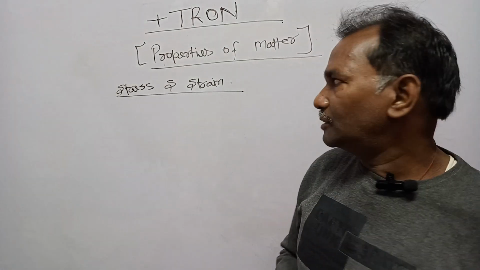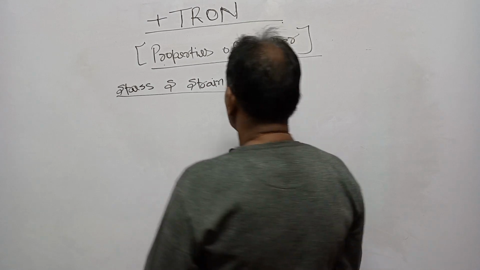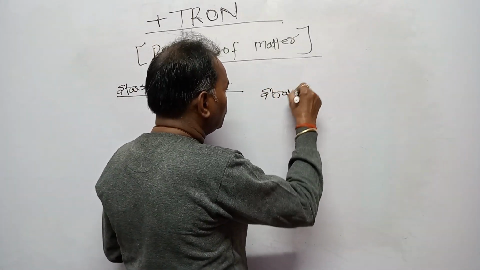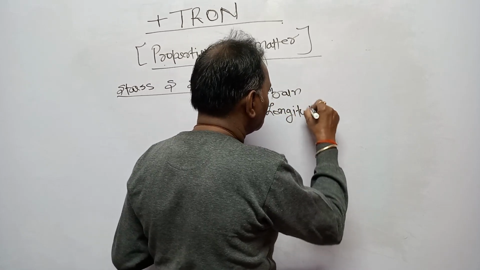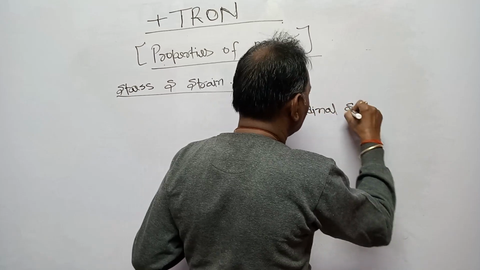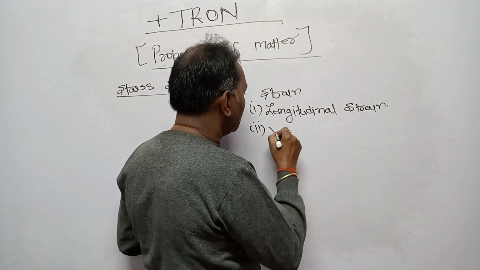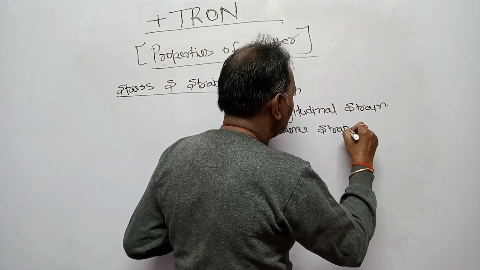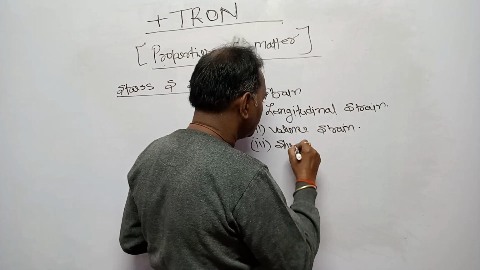Actually, strain is divided into three kinds. One is longitudinal strain. Number two is volume strain. Number three is shearing strain.